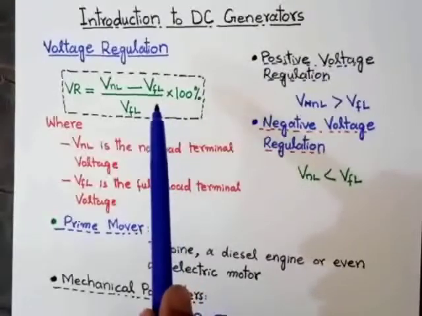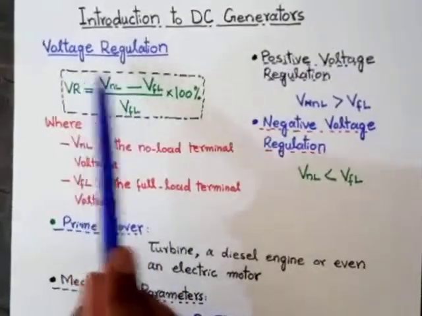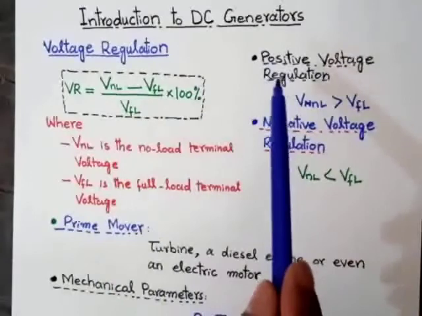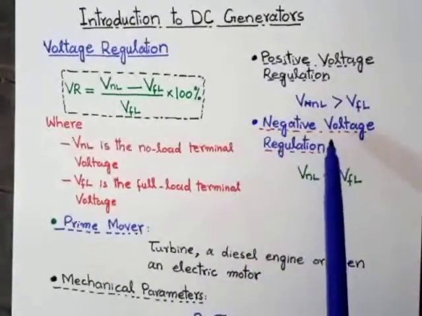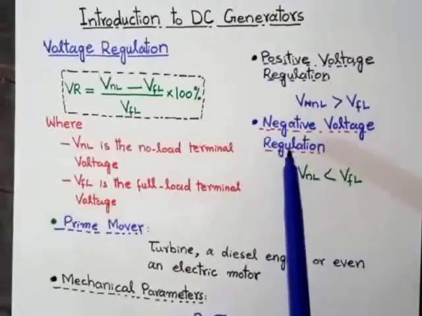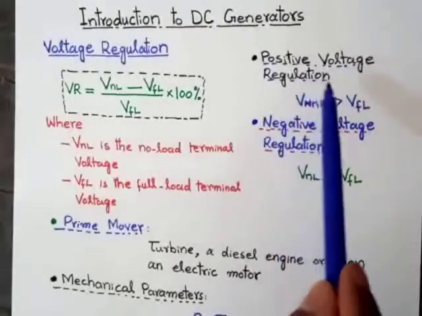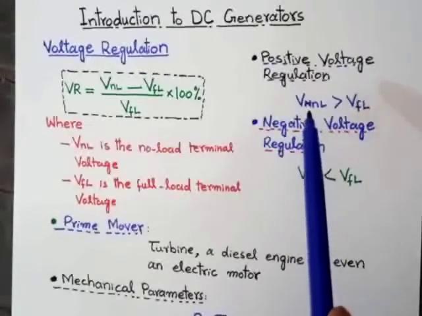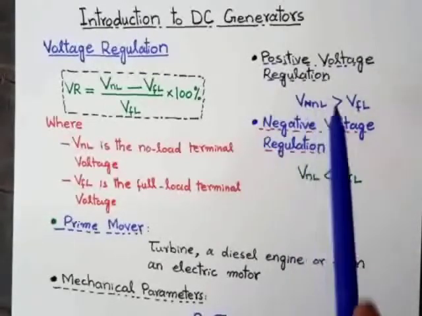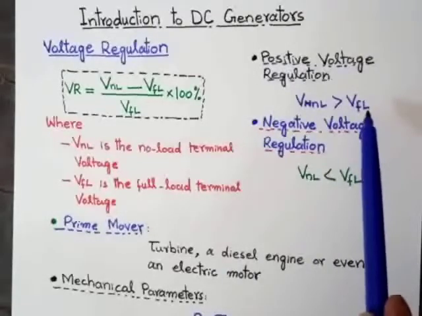So there are two types of the voltage regulation. The first one is the positive voltage regulation and the second one is negative voltage regulation. Positive voltage regulation is the voltage regulation in which no load voltage will be greater than the full load voltage.